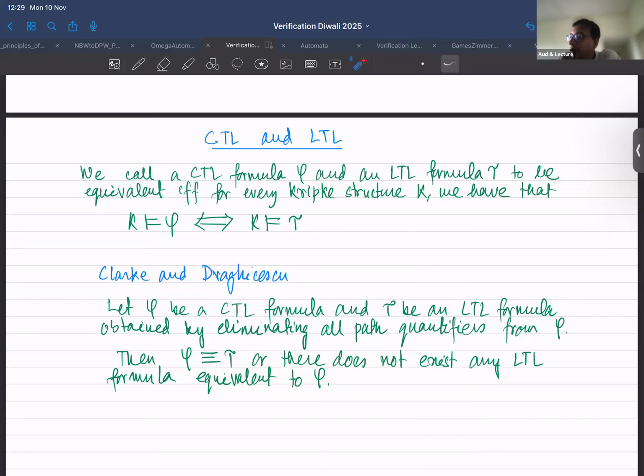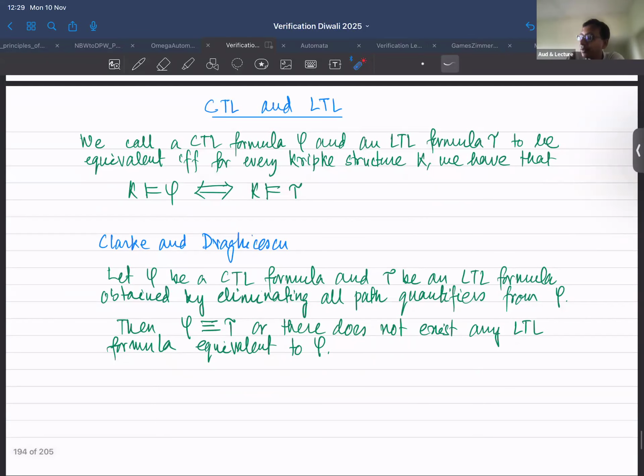Now there is a result which says: suppose phi is a CTL formula and tau is an LTL formula obtained by eliminating all path quantifiers from phi. So the definition of tau is clear.